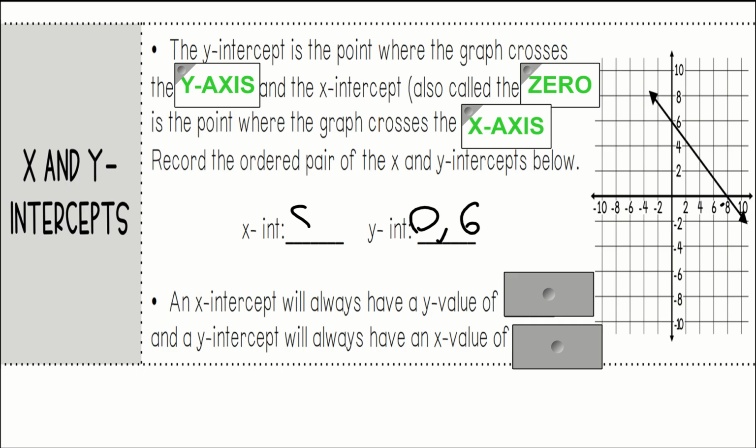So that is at an x value of 8, y value 0. So when we have a y-intercept, we got a y value. When we have an x-intercept, we got an x value, okay? With the x-intercept, the y value is always 0. With the y-intercept, the x value is always 0.